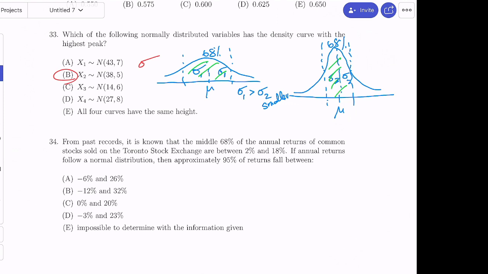You can read that. All right, next one. So these two problems are just applying general properties of the normal distribution.